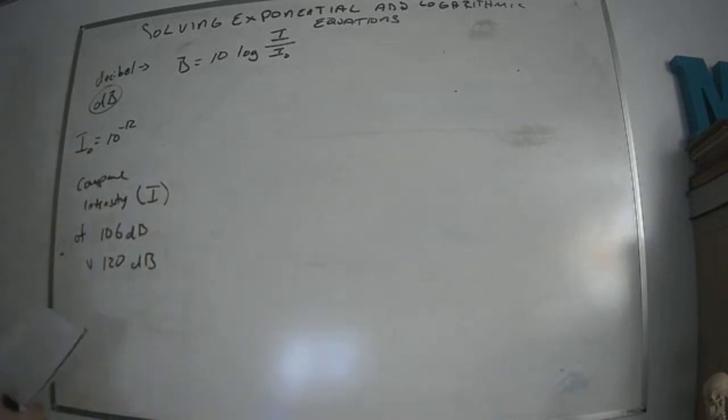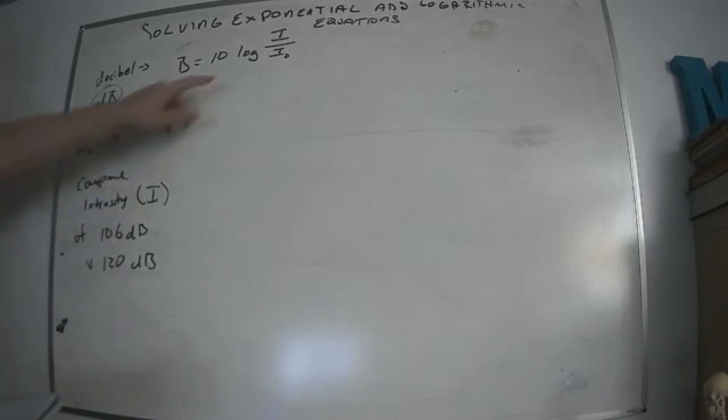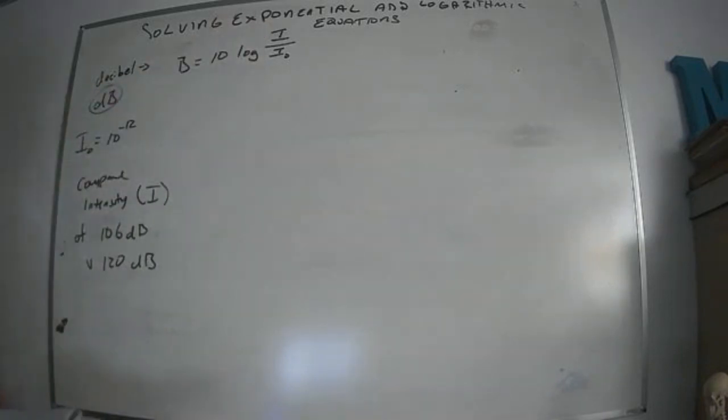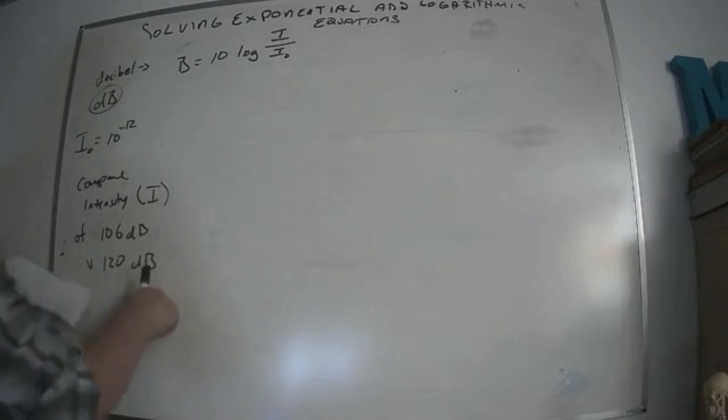So in order to do that, we have to solve each of these things for I. Now, the way the decibel scale works is every time you go up 10, you have 100 times the perceived effect. So let's solve for 106 and 120.